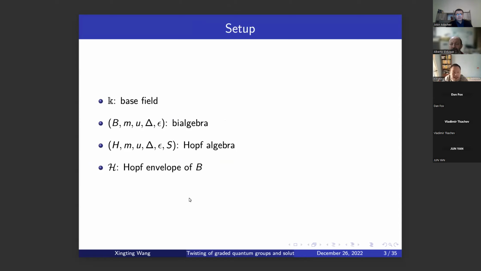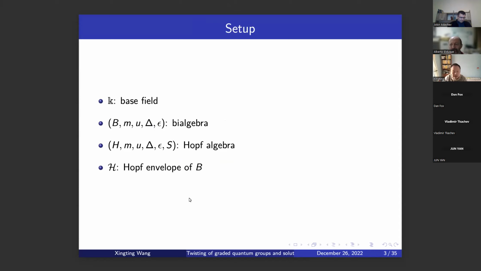So let me first start with some basic notation. I'm going to use k overall to denote a base field. I don't need the characteristic to be positive or zero. Most of the time, arbitrary characteristic will work. And I'm going to work with a bialgebra.